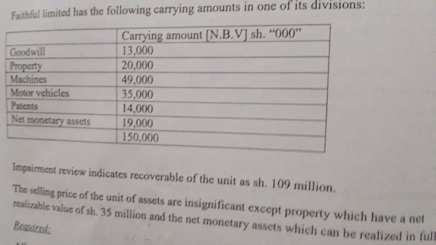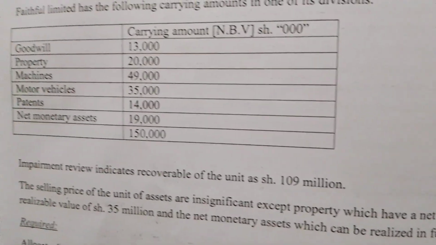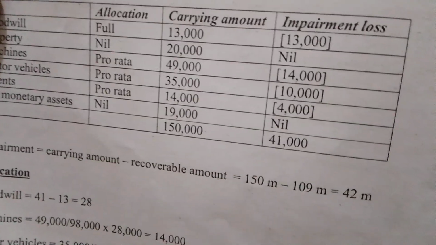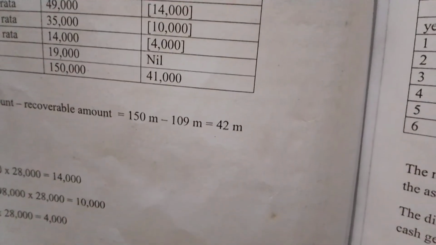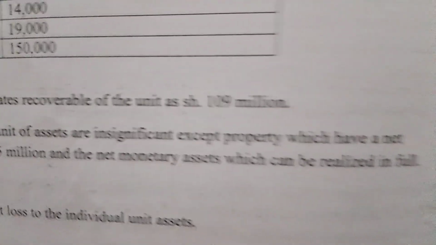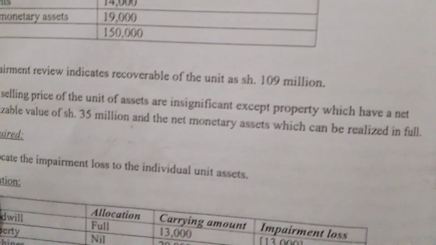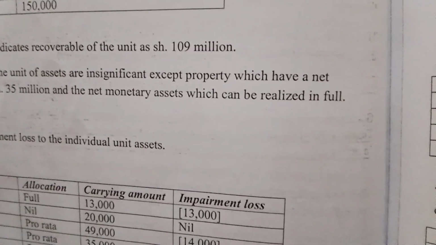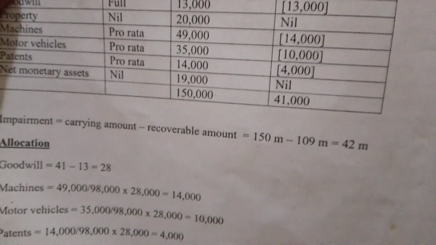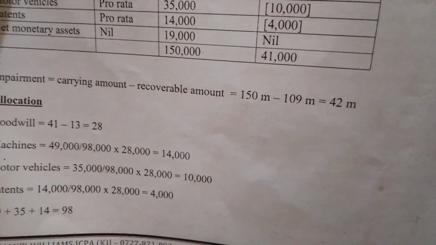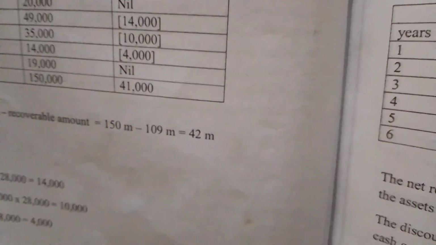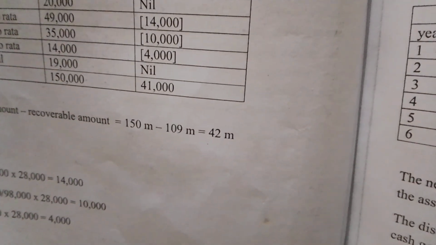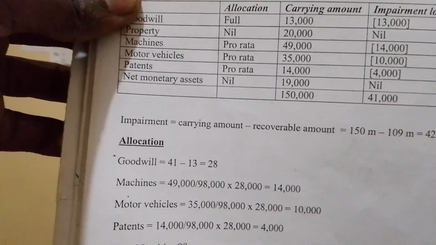The total carrying amount is 150, you less 109, the one you find there. Impairment review indicates recoverable amount is 109. So you are taking 150 minus 109, which is 42.